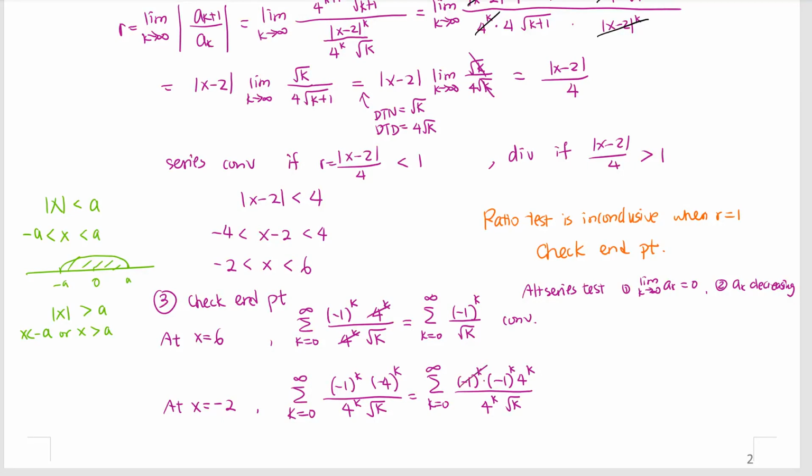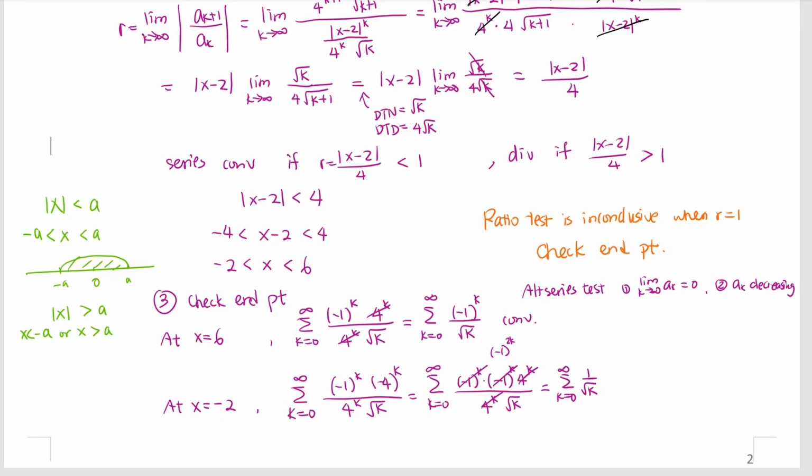Negative 1 to the k and negative 1 to the k actually cancel. Why is that? Because when you combine, you get negative 1 to the 2k, which is like negative 1 squared, which is 1. 1 to the k is 1. And then 4 to the k and 4 to the k cancel. So this is the series of 1 over square root of k.